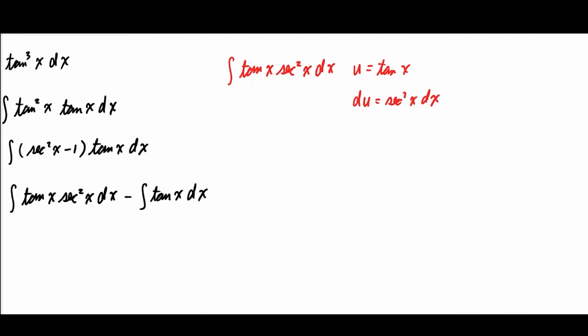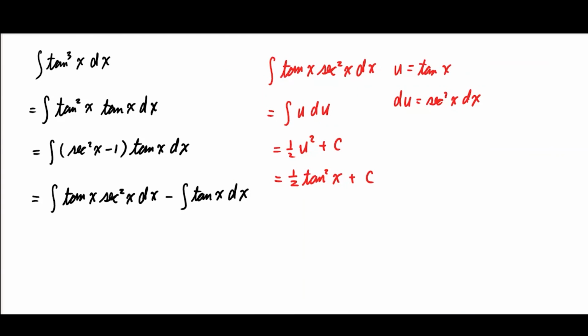You see, that's nice, isn't it? So this turns out to be just u du, which of course is u squared over 2 plus c, and that is equal to 1/2, and u happens to be tangent x. So this is tangent squared x plus c. You get it? I'm going to write that in. So this is 1/2 tangent squared x.